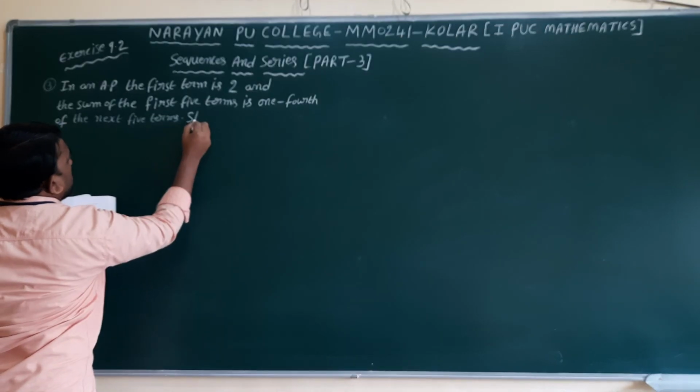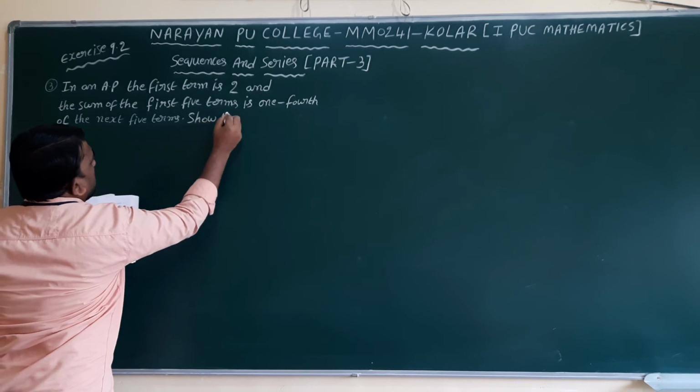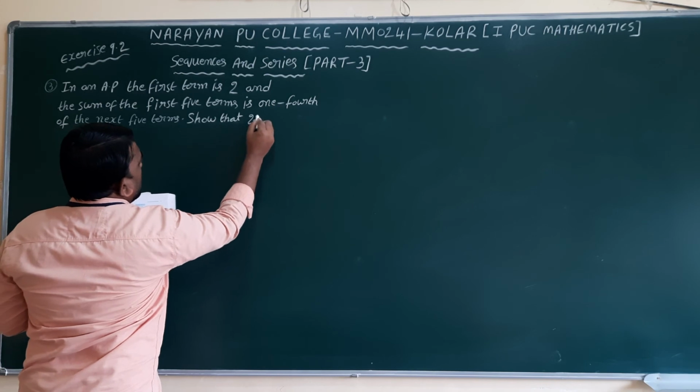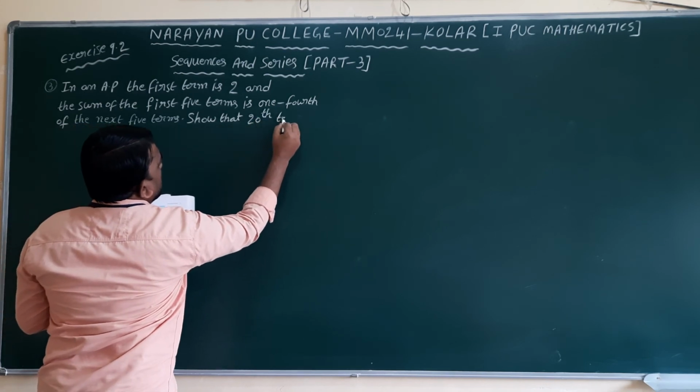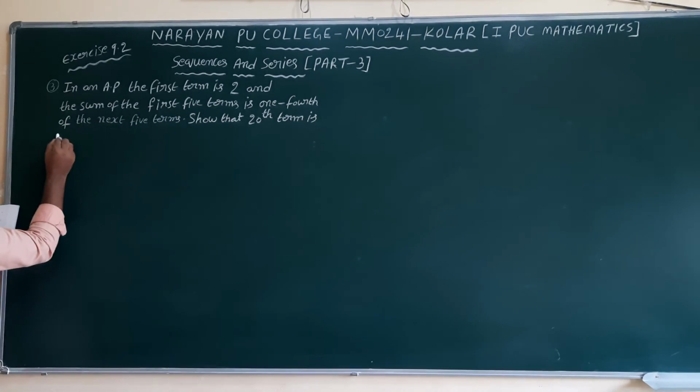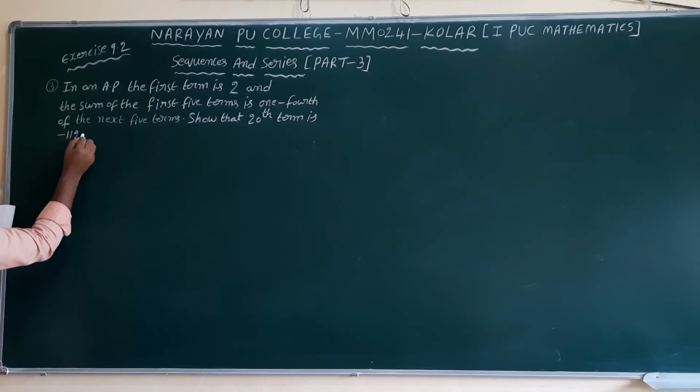First, show that the twentieth term is minus 112.